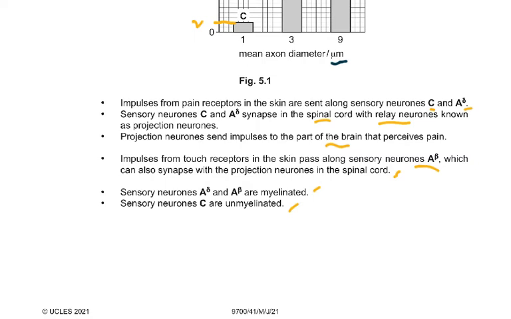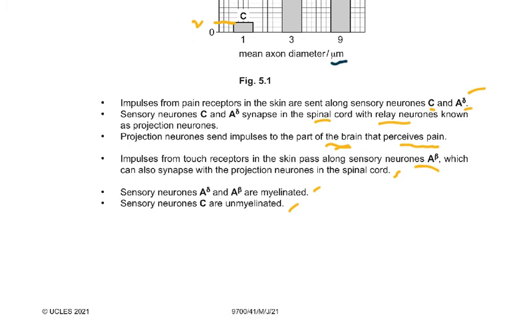So a lot of information, you need to read this again, you need to understand how they are trying to show you something. So pain receptors in the skin send impulses along C and A delta. Sensory neurons C and A delta then synapse with relay neurons. Then these relay neurons send impulses to the brain to perceive pain. That's why we feel pain when a pin hits us in the foot or something.